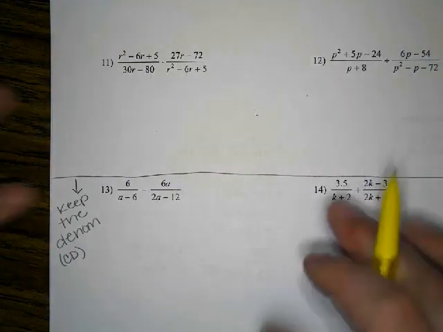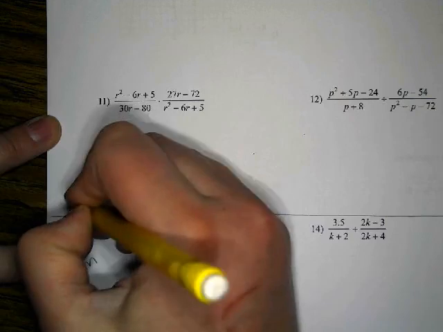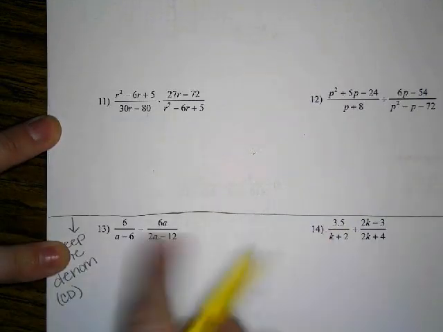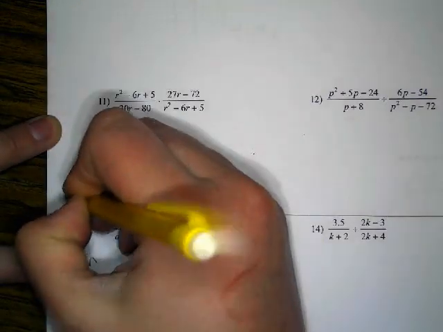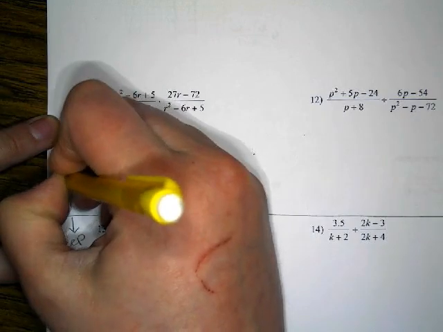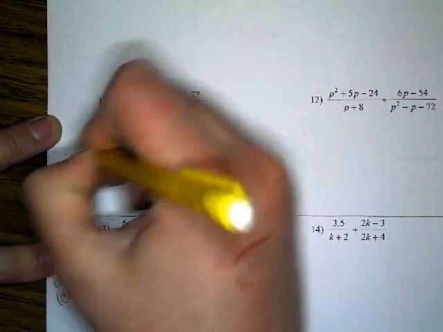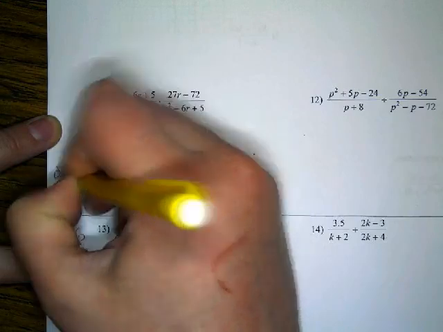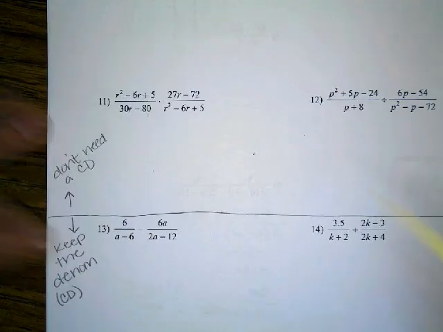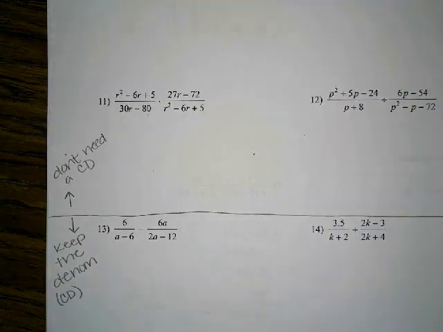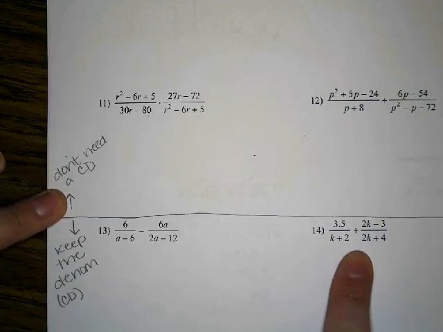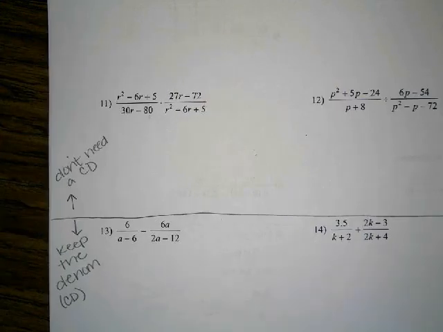So above this line here, above the line for 13 and 14, we don't need a common denominator. Students start to lose sight of that big picture perspective sometimes by the time we get to the review. So we do need a common denominator for 13 and 14. We cannot ditch the denominator once we get it.